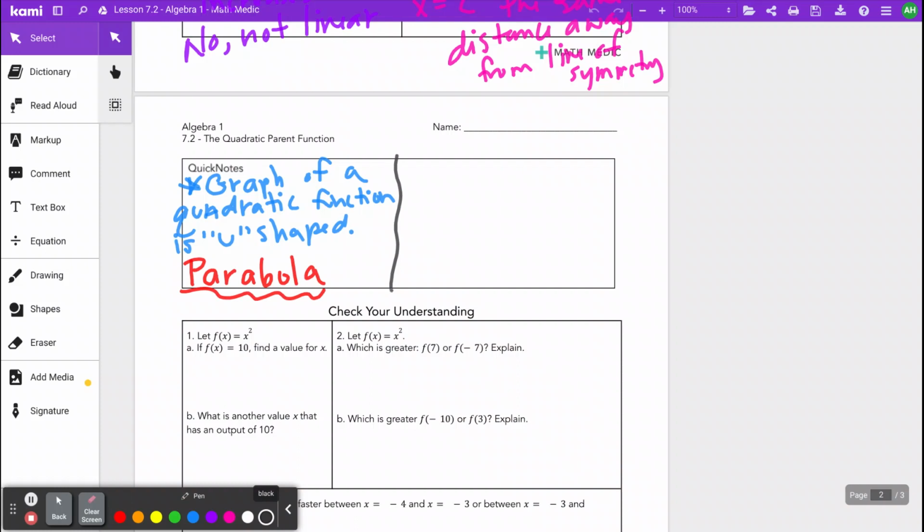And something else that I just want to get down here is that the parent function, which is the function we just graphed up above, y equals x squared, is the most basic quadratic function.